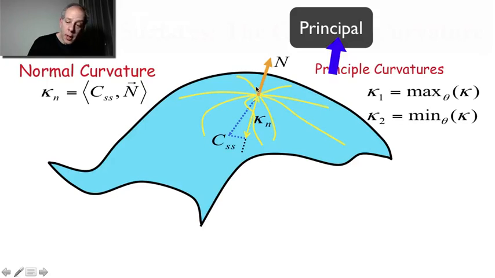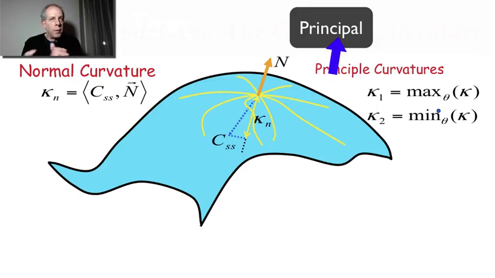You're at a point and you basically try all the possible curves on the surface that go around that point. And you basically compute the curvature. Now we're talking about curves. This curve has a curvature. This curve has a curvature. You compute all of them. There's one which is the minimal and one which is the maximal.